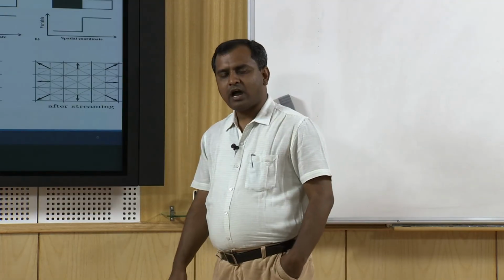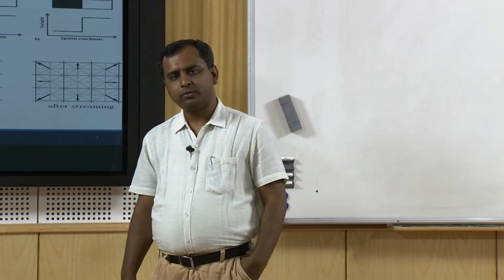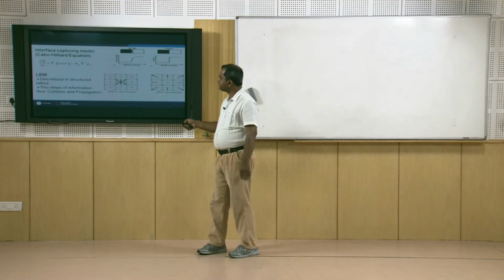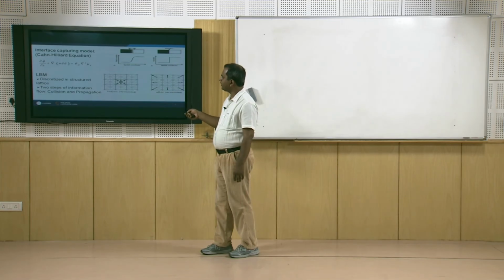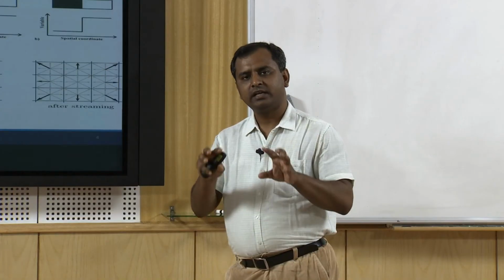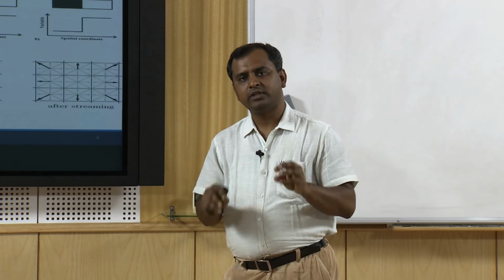Now, let us see how the domain of our simulation can be discretized in the Lattice Boltzmann methodology. For example, let us say this is our domain, a rectangular domain to start with. We will discretize this domain in small volumes, or rather small lattices, because in Lattice Boltzmann we consider that the domain is discretized with lattices.